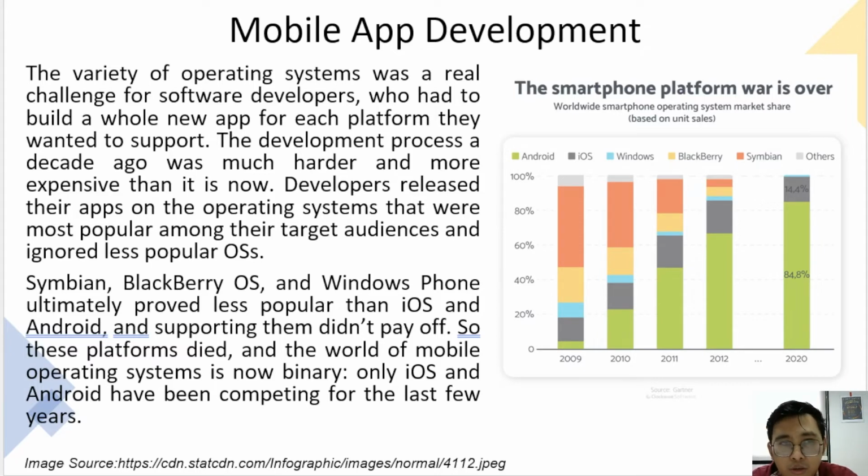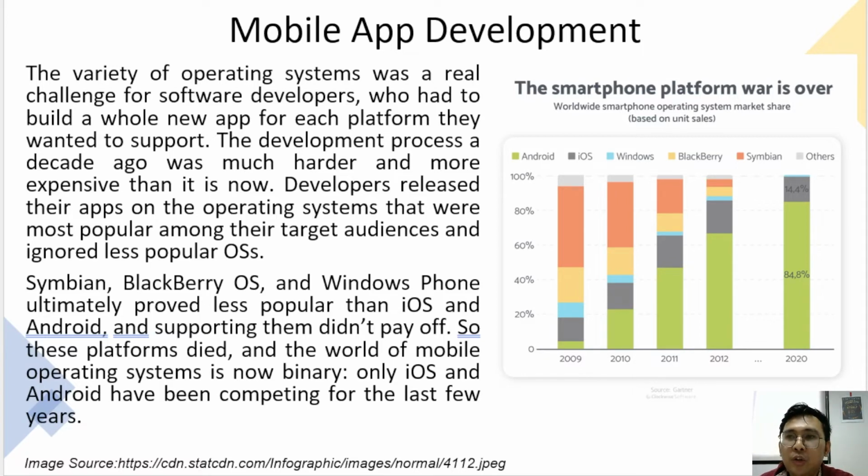In fact, trying to operate them, the cost and the profit wouldn't pay them off. So these platforms died as well. The world of mobile operating systems is now binary. It's only 1 and 0, only iOS and Android that have been competing for the last few years.